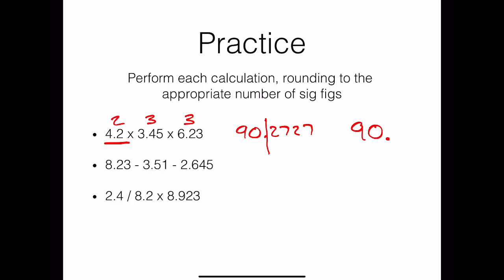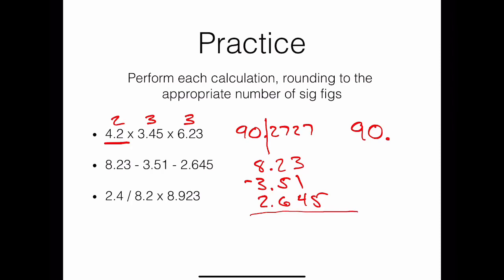The next problem gives us subtraction. So the way we want to approach this is to remember to line everything up at the decimal point. So we have 8.23 minus 3.51 minus 2.645.